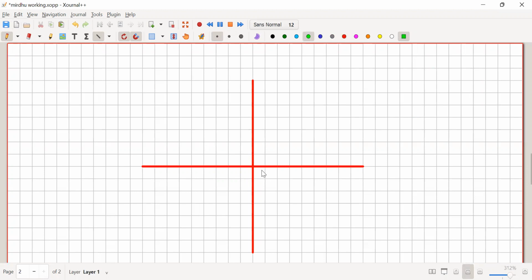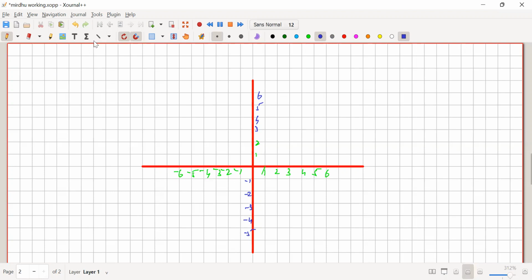Numbers can be 1, 2, 3, 4, 5, 6, minus 1, minus 2, minus 3, minus 4, minus 5, minus 6, on both axes.